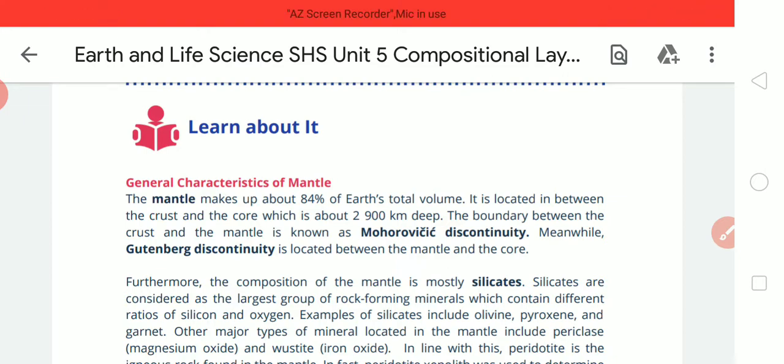So bali na apoy boundary that exists between the mantle and the core. So before ka makaabot sa core, na boundary between these layers, the core and the mantle, that is usually referred to as the Gutenberg discontinuity.